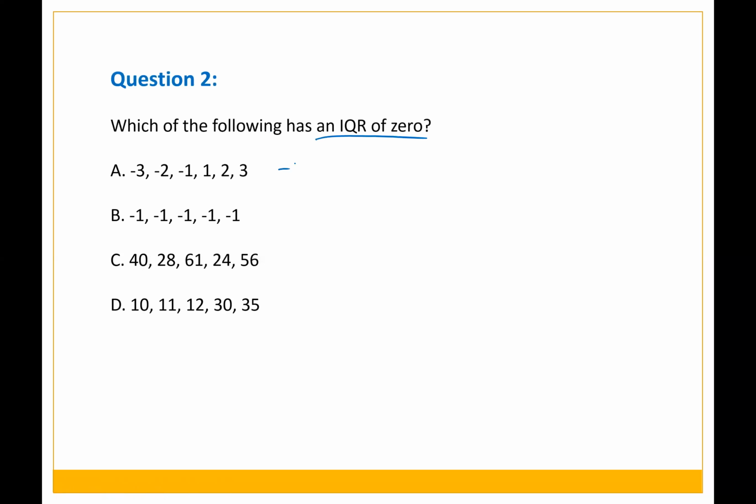The first one is already in order. This one is already in order. Second one, there's only one value. And the third one, let's put them in order: 28, 40, 56, 61. And this one is already in order.